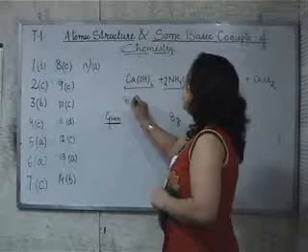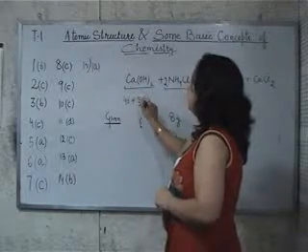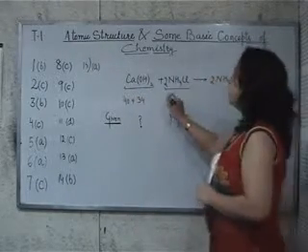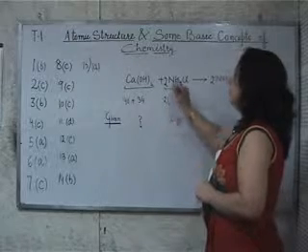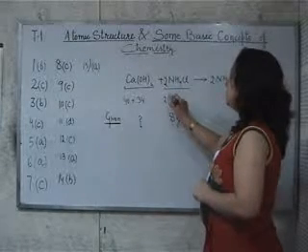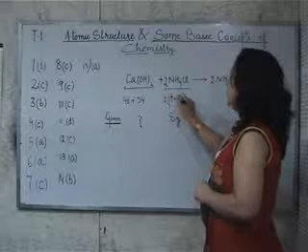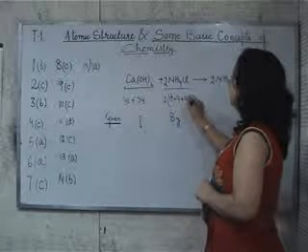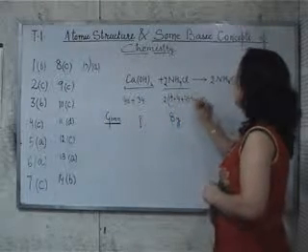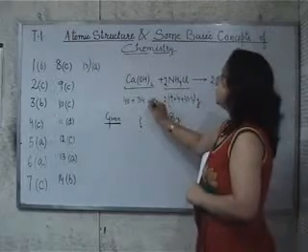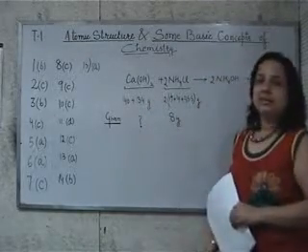It is 40 plus 34. Here it is 2. Nitrogen is 14 plus 4 plus 35.5 grams.